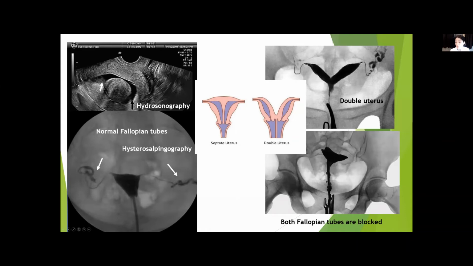The abnormal forms, not triangle-like as here. This right fallopian tube is normal, and the left fallopian tube is blocked. Both of these fallopian tubes are blocked. You can't see anything here without any material.